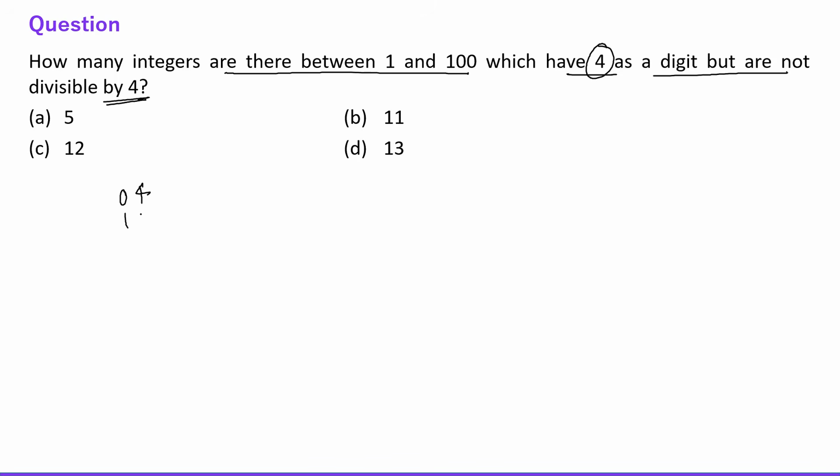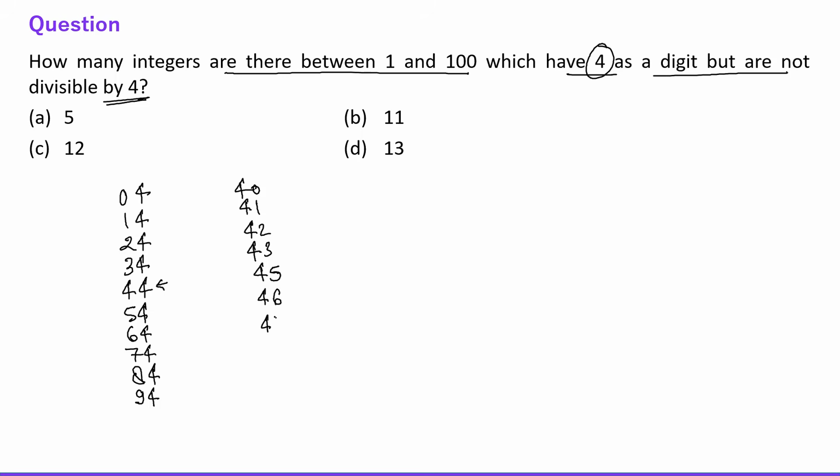So 4, 14, 24, 34, 44, 54, 64, 74, 84 and 94, and then 40, 41, 42, 43, 44 we have already written, then 45, 46, 47, 48 and then 49.